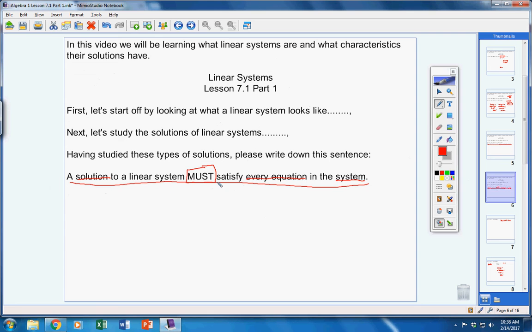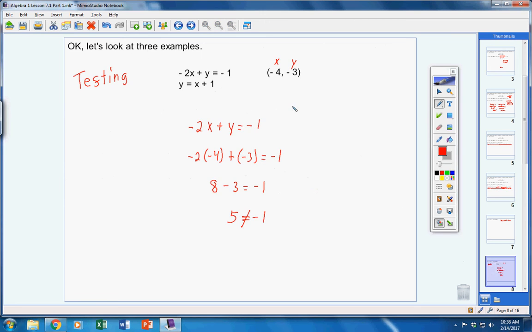If a solution must satisfy every equation, then why would I take this ordered pair and test it in the other equation? There's no need if it doesn't satisfy this equation. But let's pretend that this ordered pair does satisfy this equation. It doesn't matter, does it?